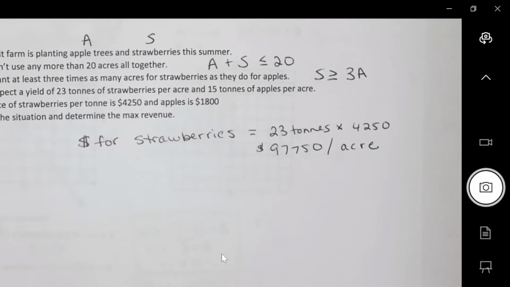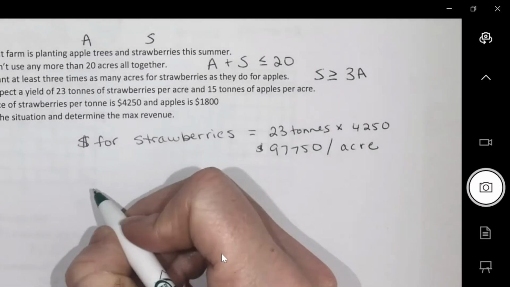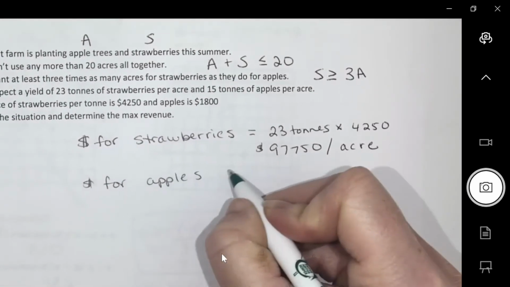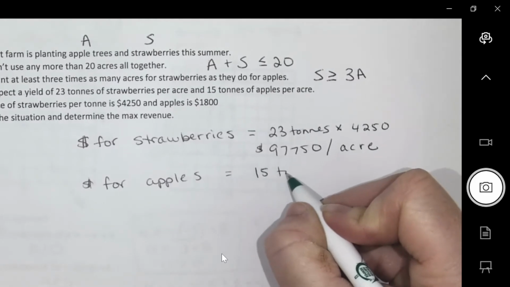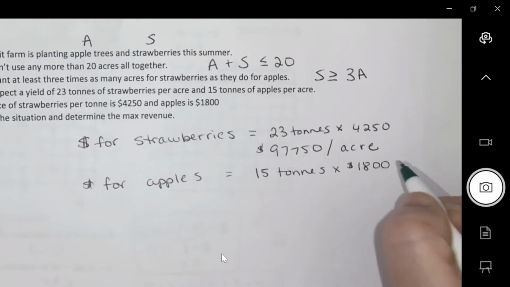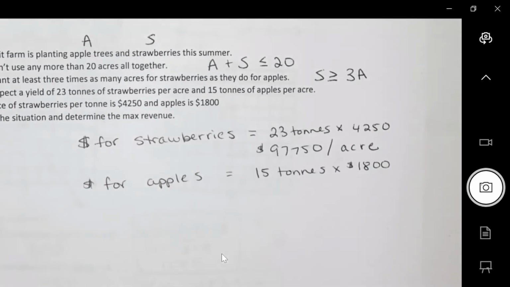Okay, can you do the same thing for apples? So we had 15 tons, and each ton is 1,800.